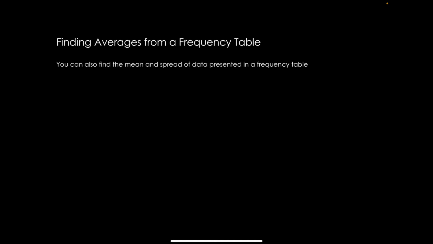Now, I will explain what a frequency table is in just a second, but to find the mean from a frequency table, we can use this formula. I'm going to explain that in a minute.